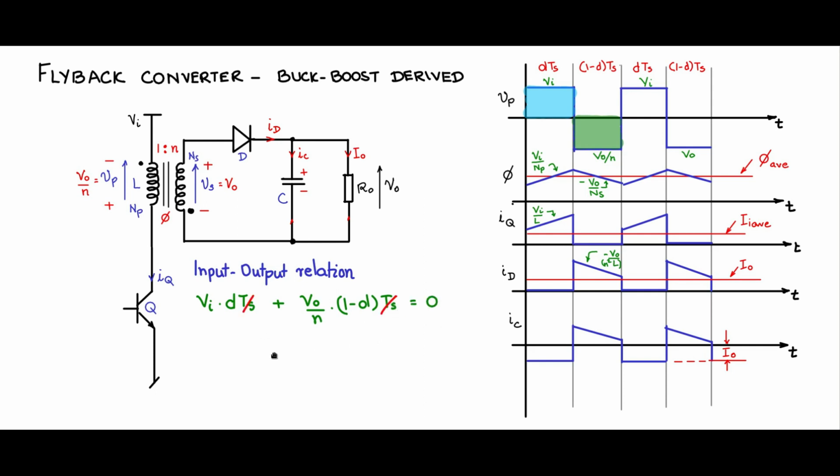On simplification, taking only the magnitude of V naught, because you don't need to worry about the sign, since you can take anything as ground because it's isolated, it will be N times Vi d by 1 minus d. So this becomes the input output voltage relationship.